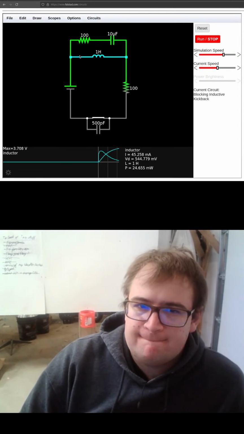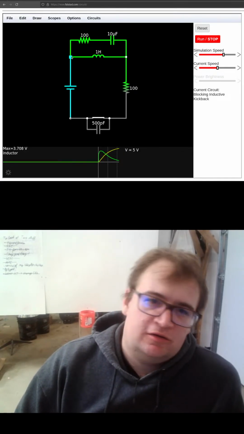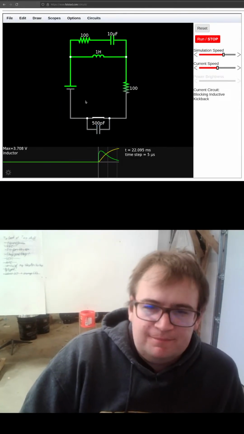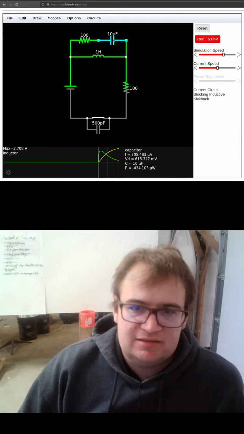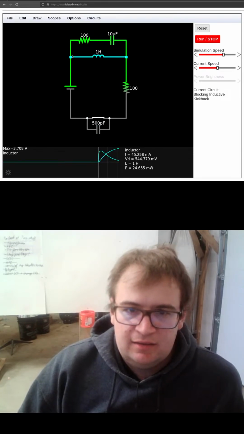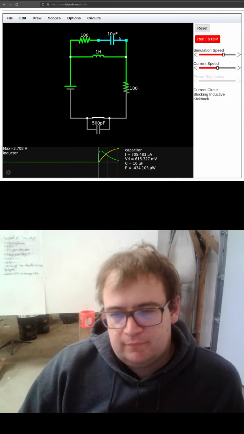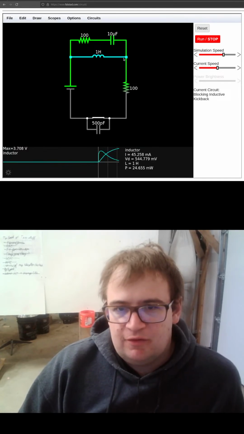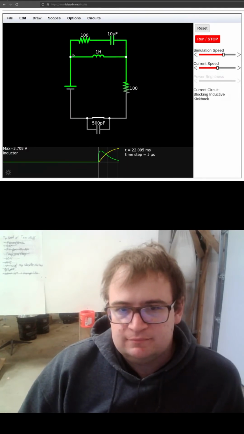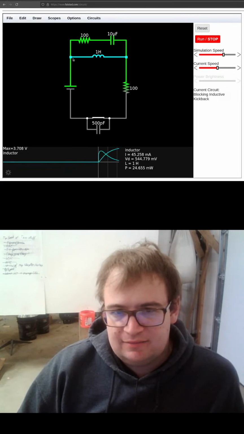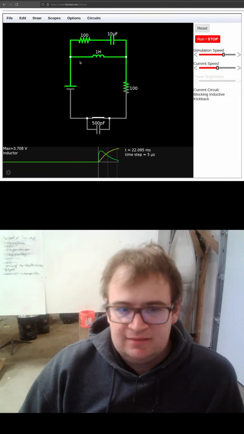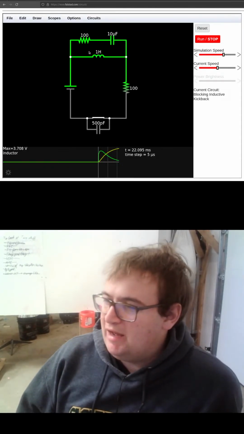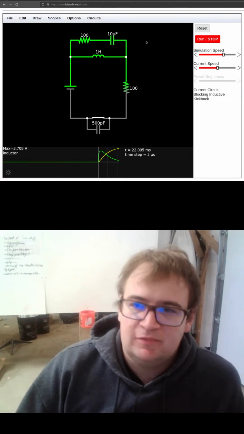When this current starts getting blocked by this capacitor, let me think here. So actually the current will start flowing this way around, and it will block that massive kilovolt amount of voltage we saw on the last one.